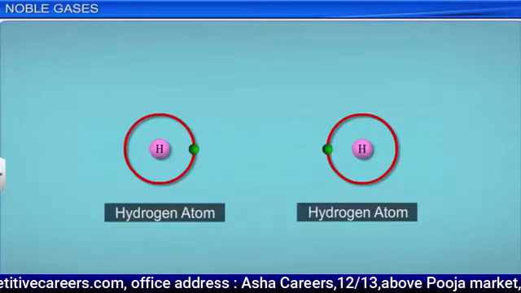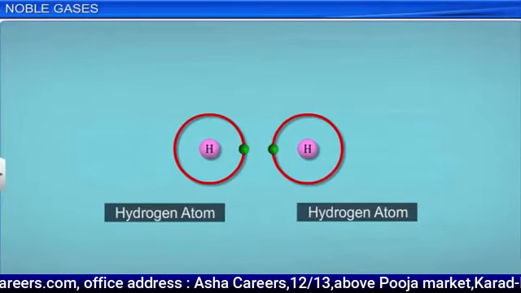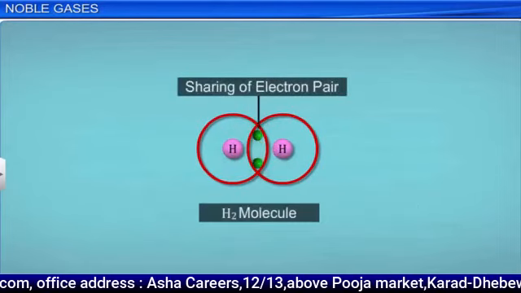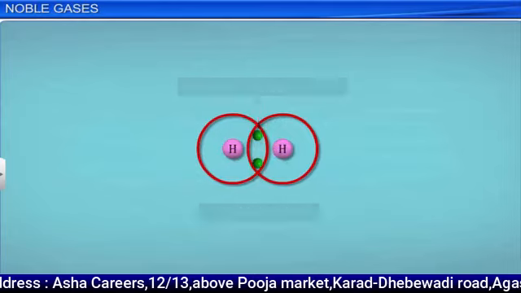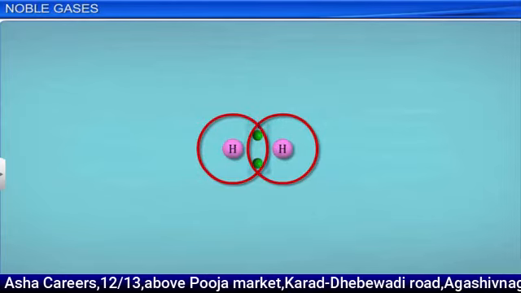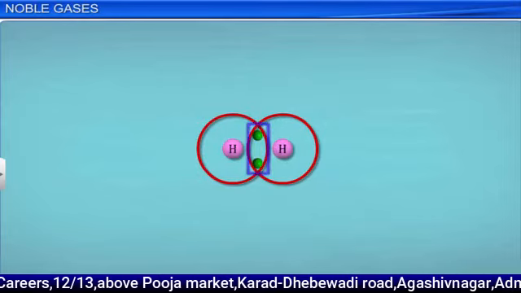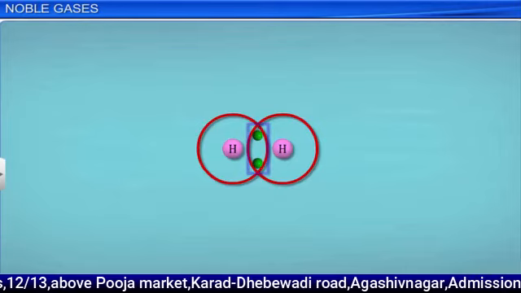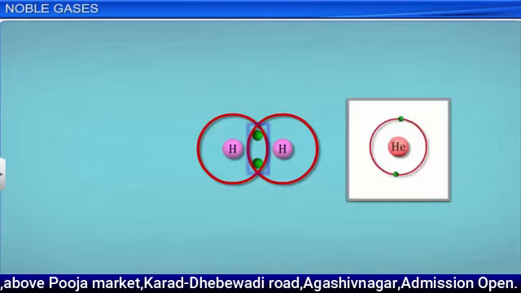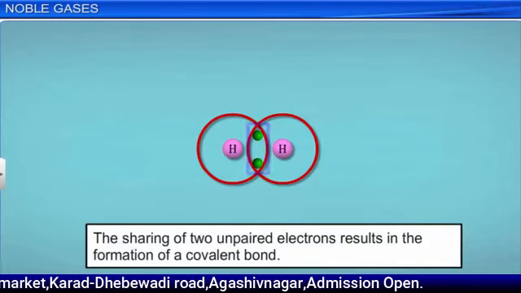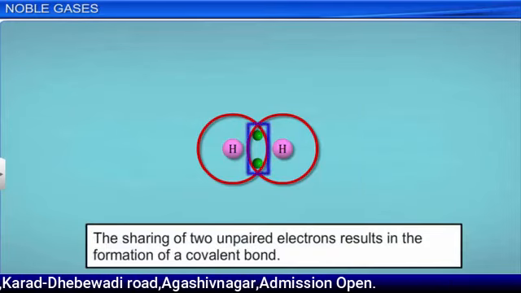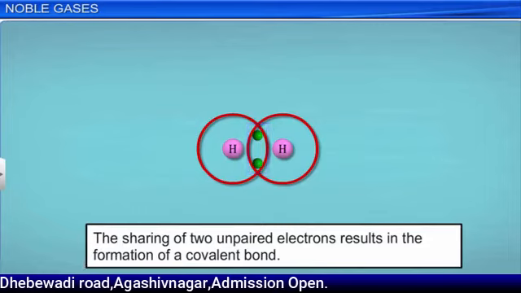On the other hand, hydrogen atoms gain stability by sharing electrons to form a hydrogen molecule. In this case, one hydrogen atom shares its electron with another hydrogen atom to attain the electronic configuration of helium. This sharing of 2 unpaired electrons results in the formation of a bond known as a covalent bond.